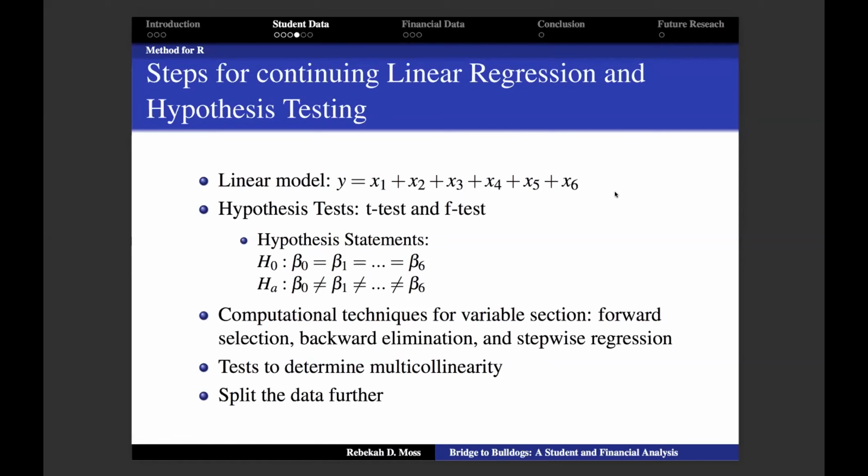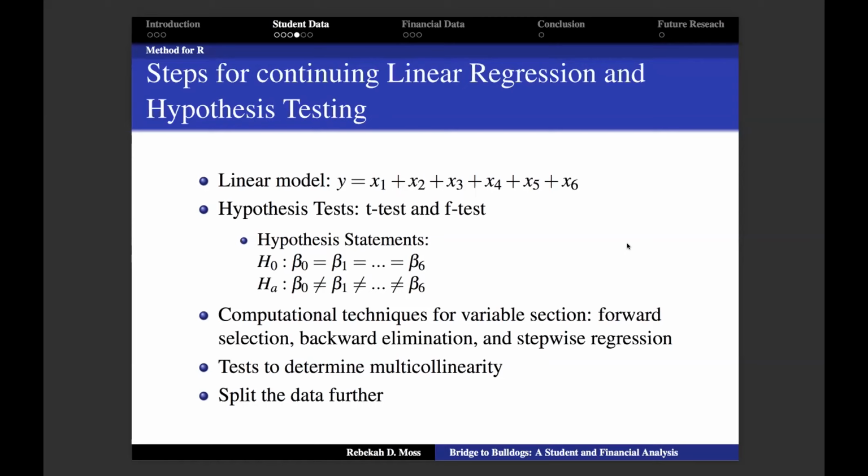Both tests had the same hypotheses: the null hypothesis is that all the coefficients would be the same, and the alternative hypothesis would be that the coefficients are different. After we performed the hypothesis tests, we did computational techniques if there were differences between the 2 tests. And the computational techniques were forward selection, backward elimination, and stepwise regression.